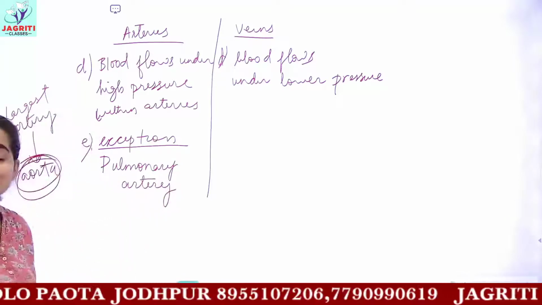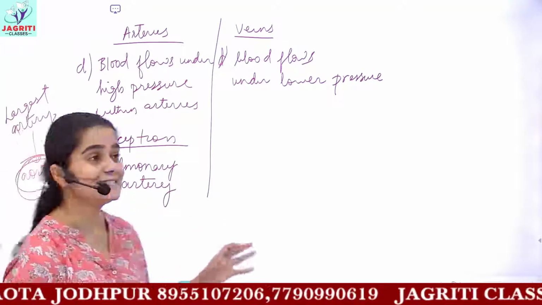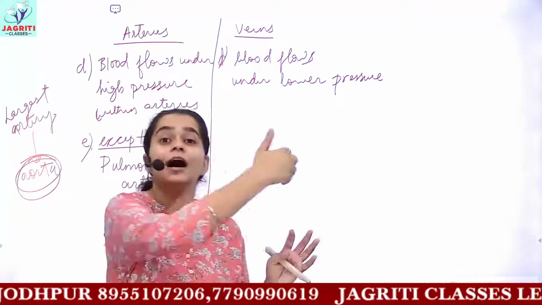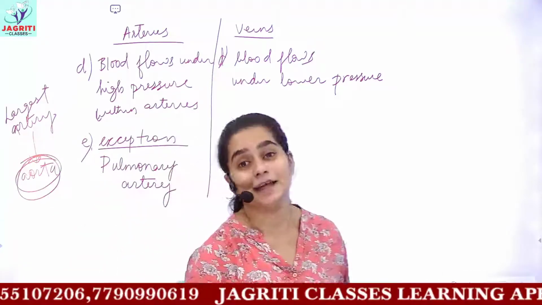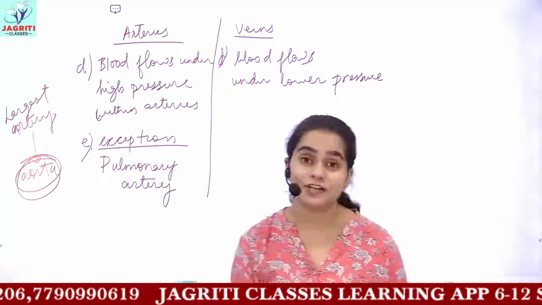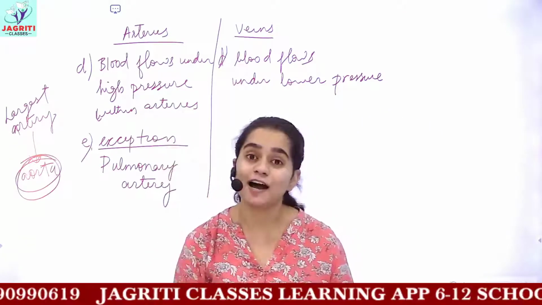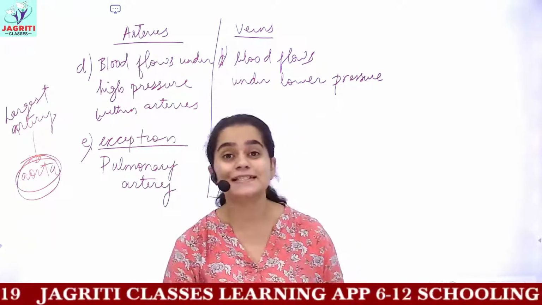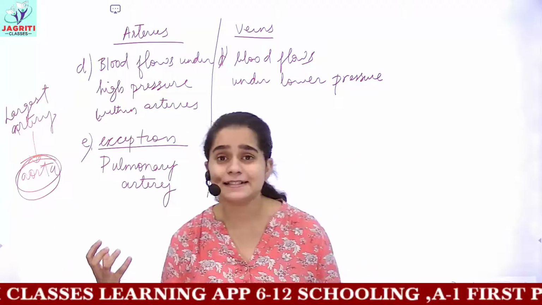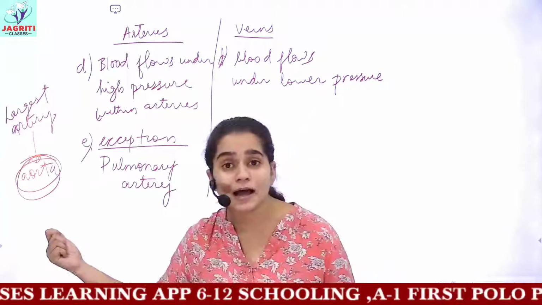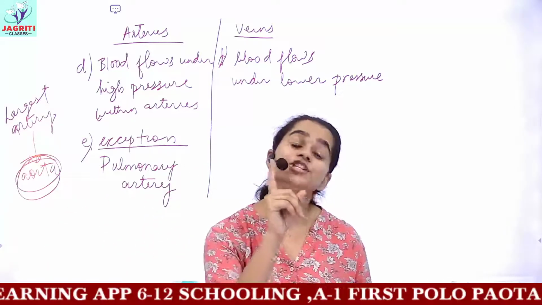Why is this pulmonary artery an exception? Because we said that arteries carry the blood away from the heart and they carry oxygenated blood in them. But in this pulmonary artery, if you remember the structure of the heart, the pulmonary artery starts from the right ventricle. And this pulmonary artery is carrying the blood away from the heart, but it is not carrying oxygenated blood.